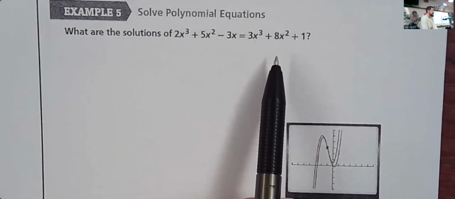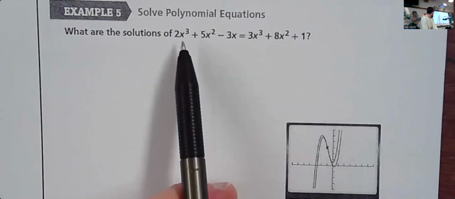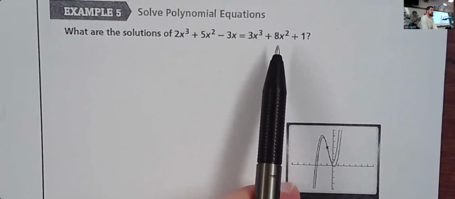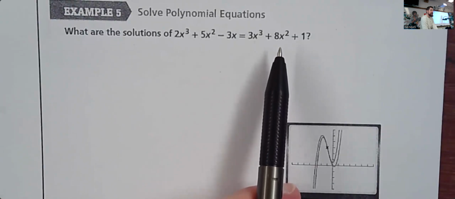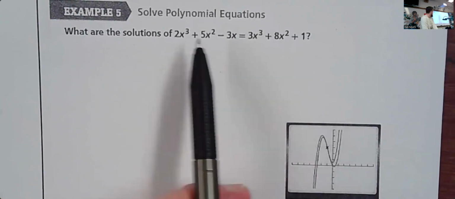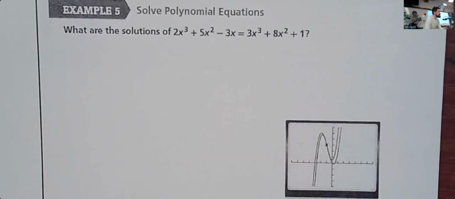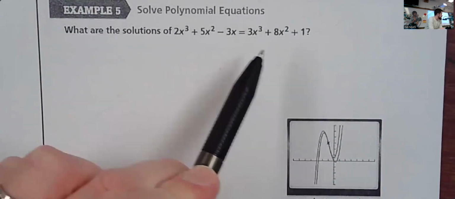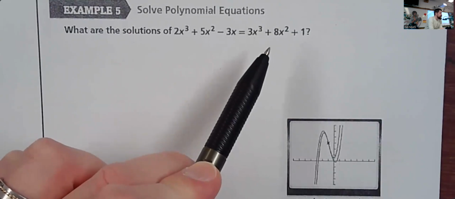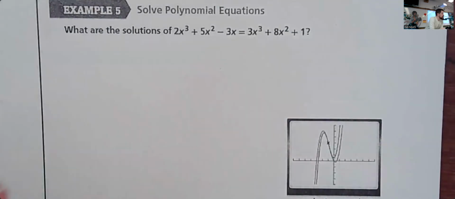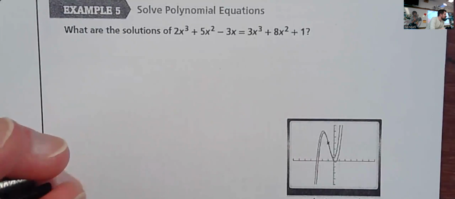This is different than figuring out where a graph crosses the x-axis because each side of this equation, listen up, each side of this equation is its own function. So this is sort of like when you were figuring out systems of equations, you were figuring out where the equations intersected. This is basically a system of polynomials where you're figuring intersection points of the 2 polynomials. So it's going to be a very similar process.